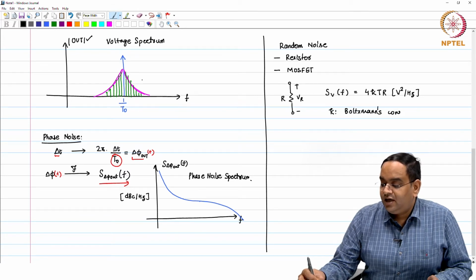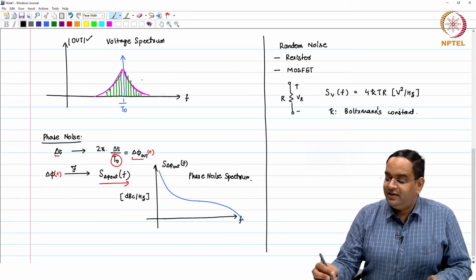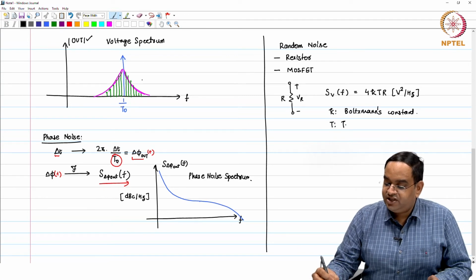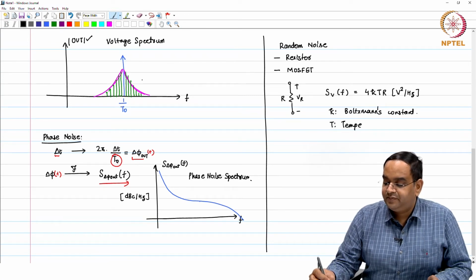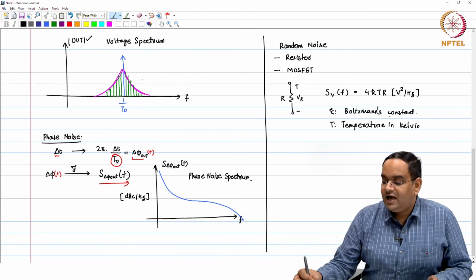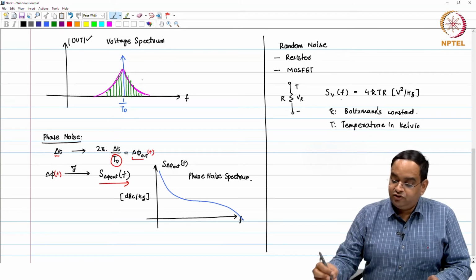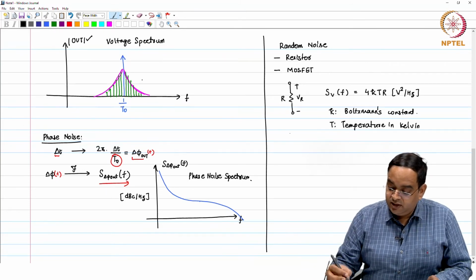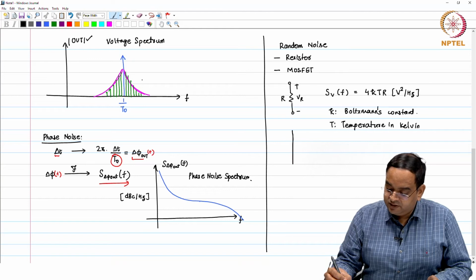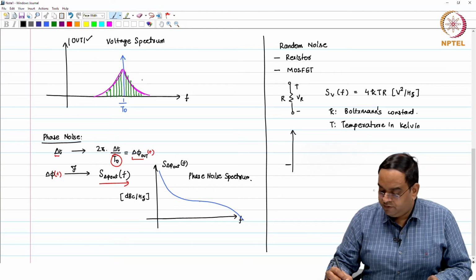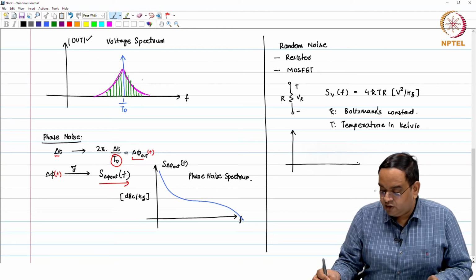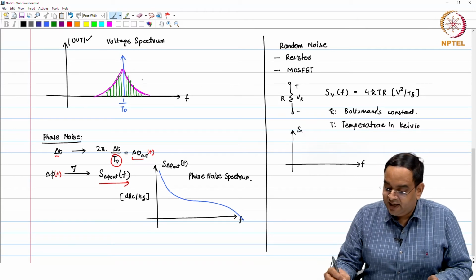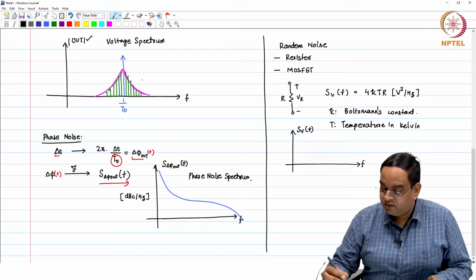Okay. K is Boltzmann constant, T is temperature in Kelvin, and R is the resistance value. So, the power spectral density of the noise measured across a resistor is actually flat.